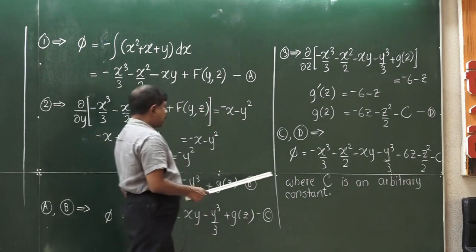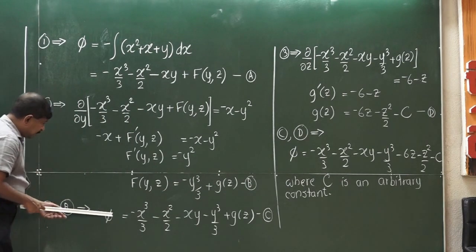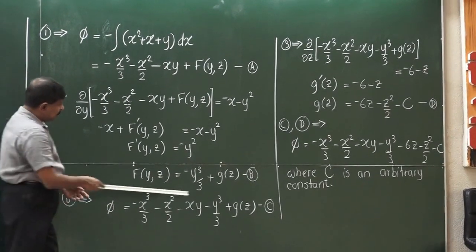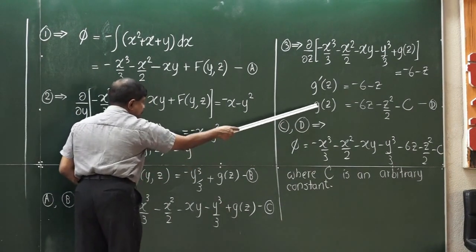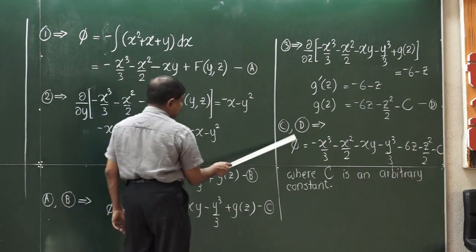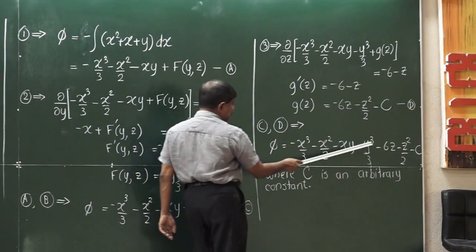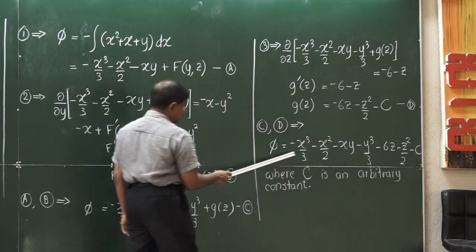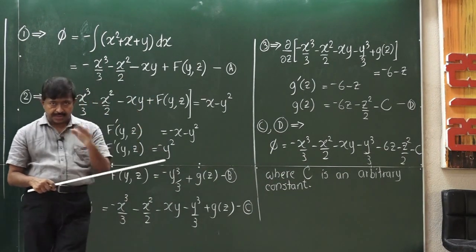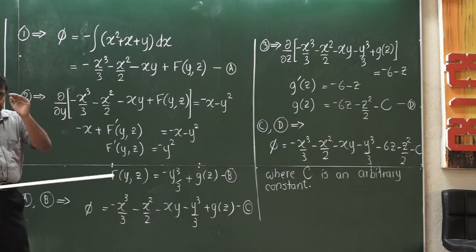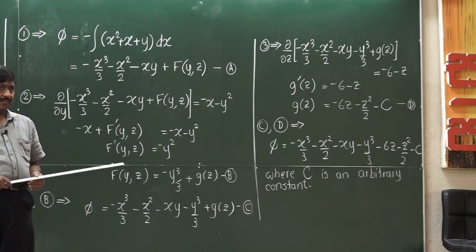Now, this is the latest version of phi, but we have obtained g(z) here. Let us plug that in here, and from c and d you have this expression for phi. Now, we have completely determined phi, but we have determined it in 3 stages, right.